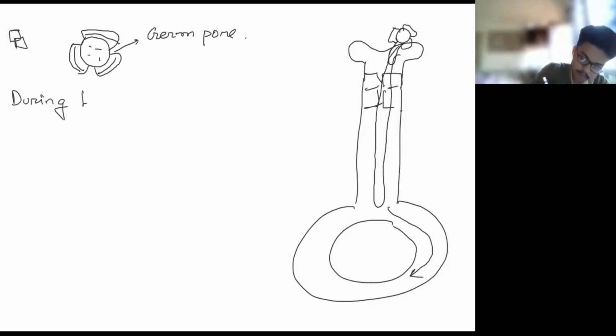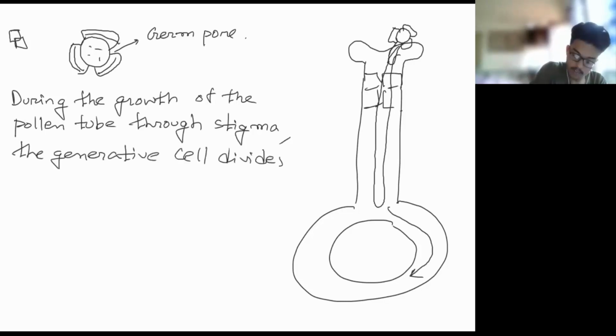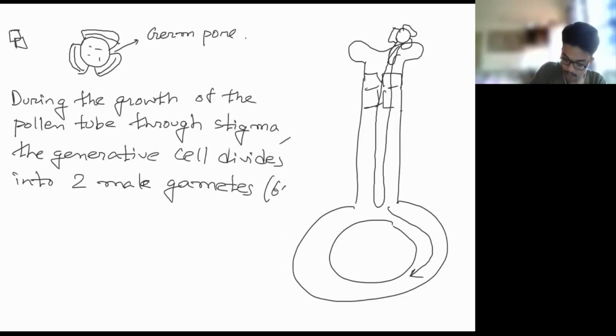During the growth of the pollen tube in the stigma, let me just take the line of the NCERT, the generative cell divides into two male gametes. So for whom does it occur? I'm writing it as the 60% case, where the pollen was being pollinated in the two-cell condition.